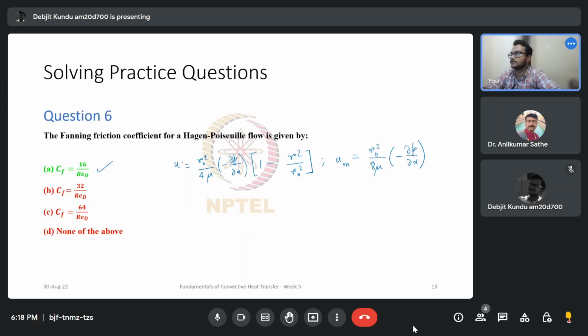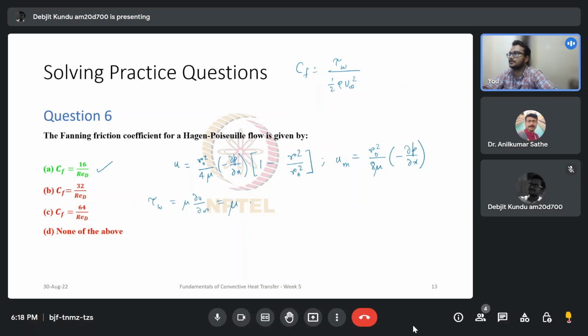Okay, so up next, what do we want? We want this Cf. Cf is nothing but tau w by half rho U infinity squared, so this is the non-dimensionalized wall shear stress. Now we have to calculate tau w. Tau w is given by mu into du/dr in this case.